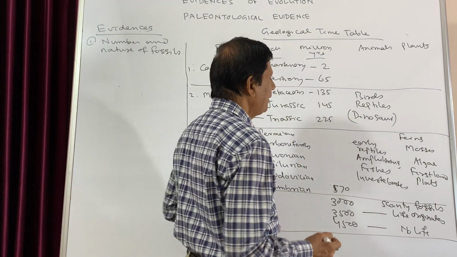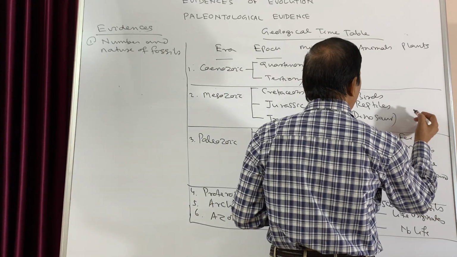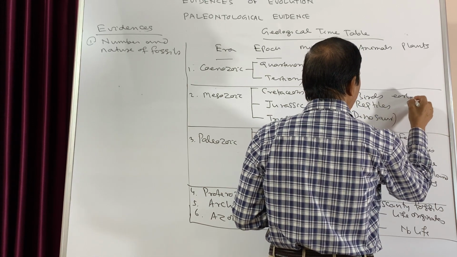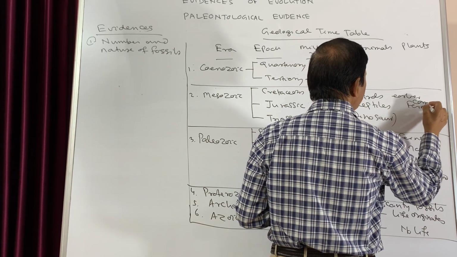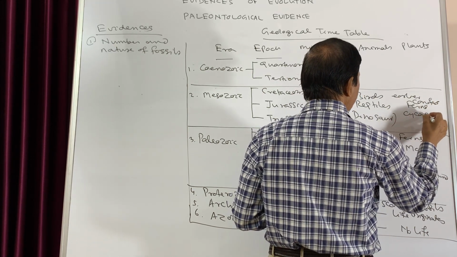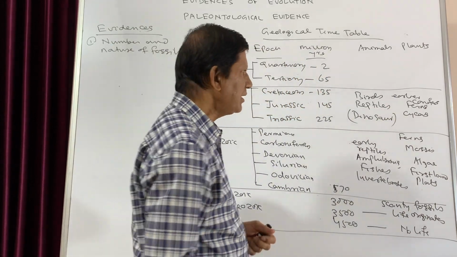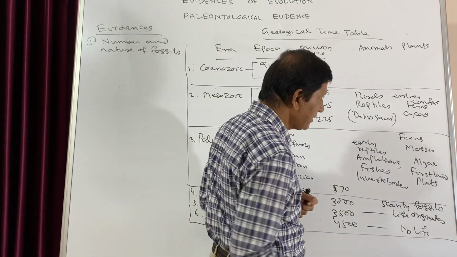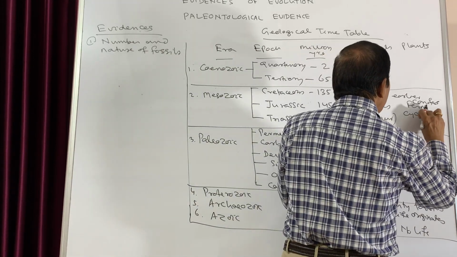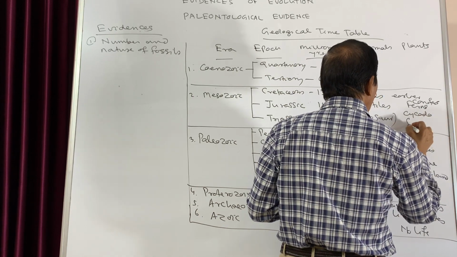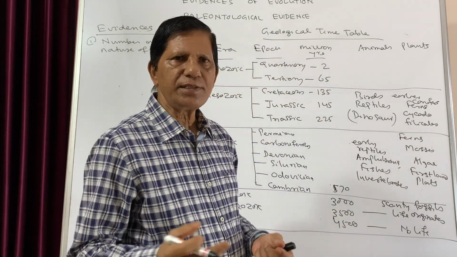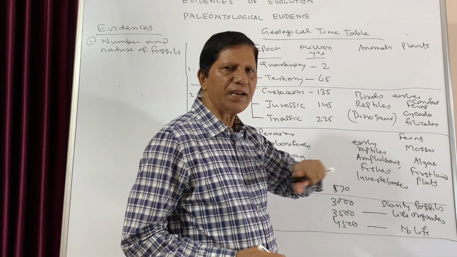And among the plants, you will get the fossils of ferns and earlier conifers. Mostly you will find that of the cycas and other cycas-related plants, or you can better write cycadophytes, because cycas is living. So the cycadophytes are related to cycas.